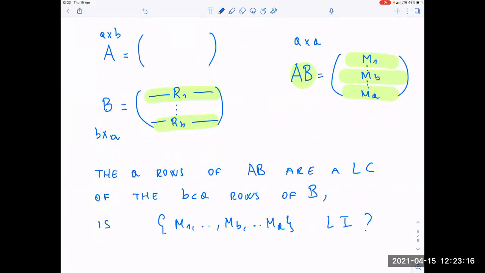Can you answer this question? Is this set linearly independent? Are the rows of B linearly independent?